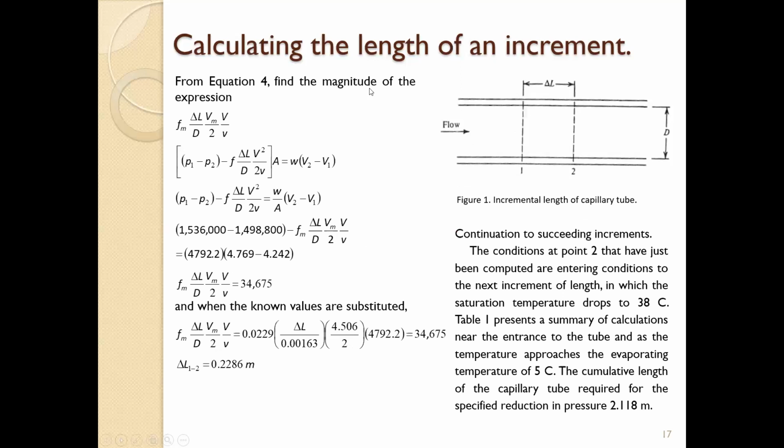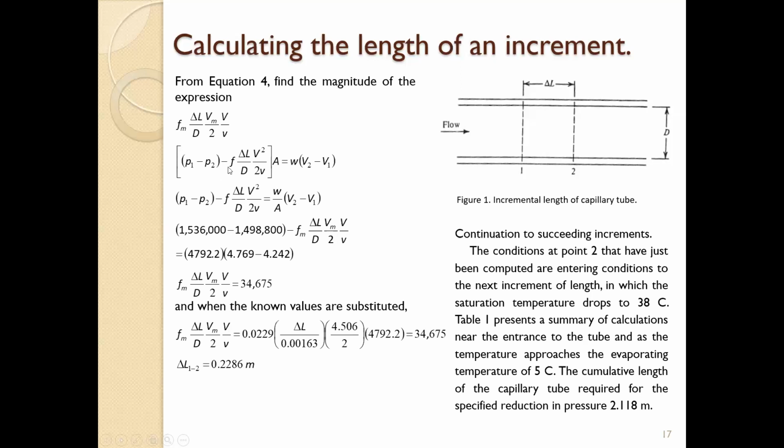Next, from equation 4, find the magnitude of the expression fm delta L over D times vm over 2 times v over v.